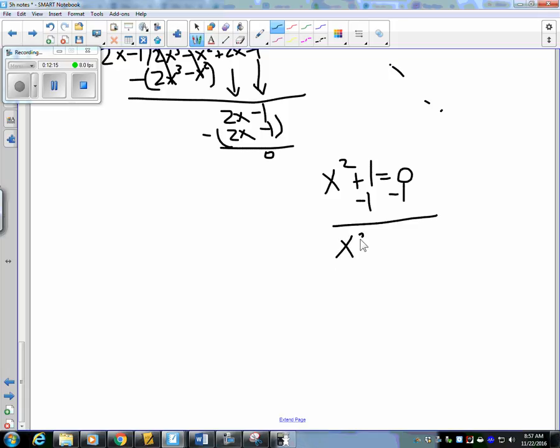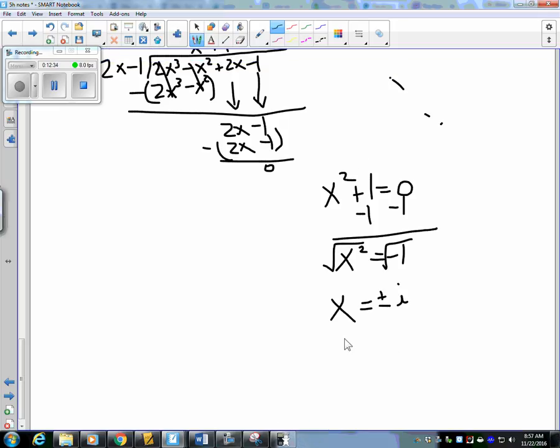And when you square root now, there's always a positive and a negative anytime you square root. And the square root of negative 1 is i. So we have x equals positive and negative i, and the other root that we found originally was 1/2.